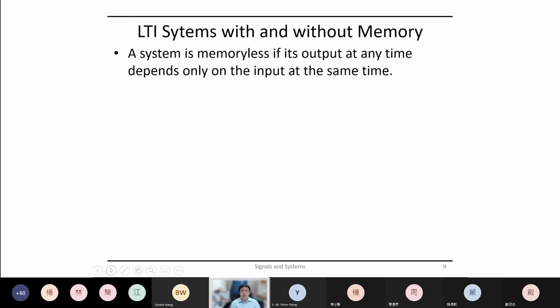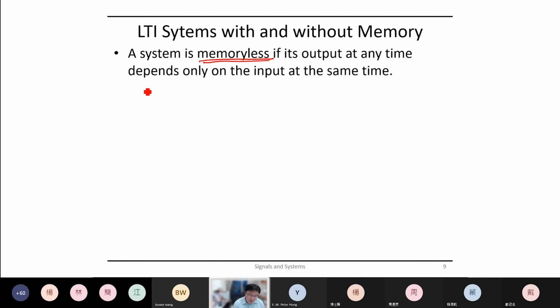So each one of these properties implies a certain condition or a certain property of the impulse response. Starting out with systems that are memoryless, recall that a system is memoryless if its output at any time depends only on the input at that time.